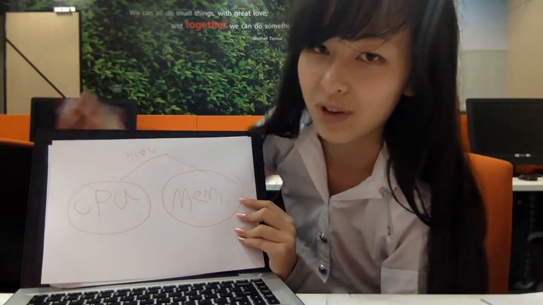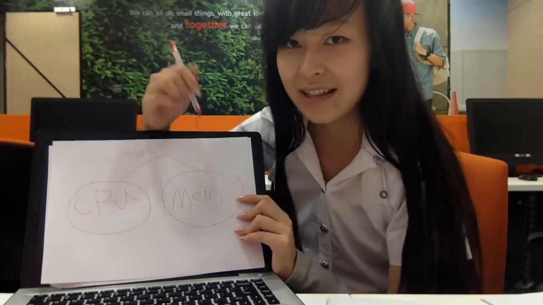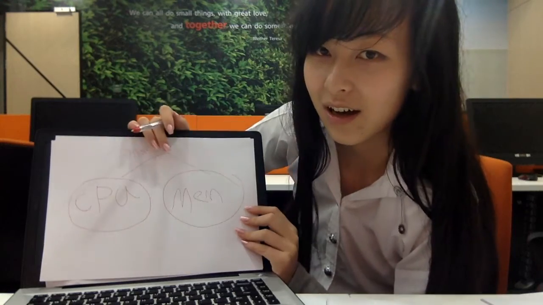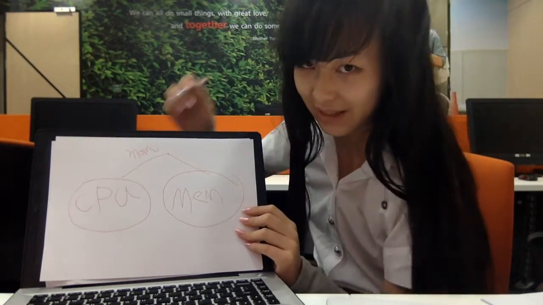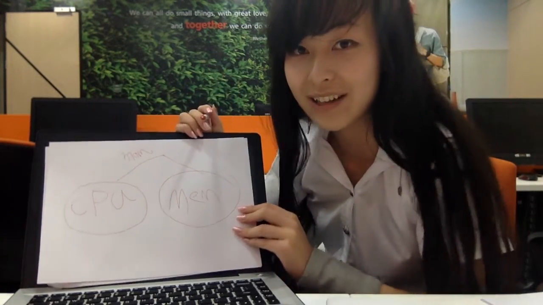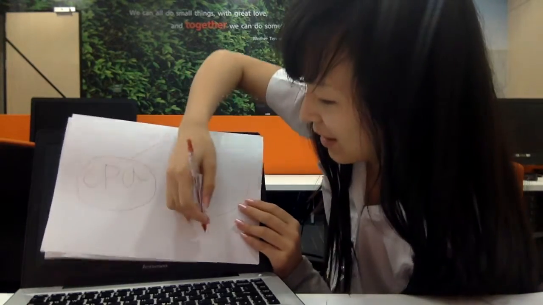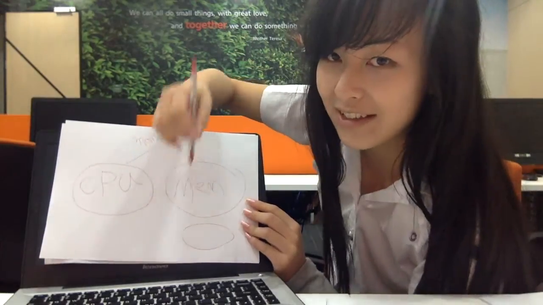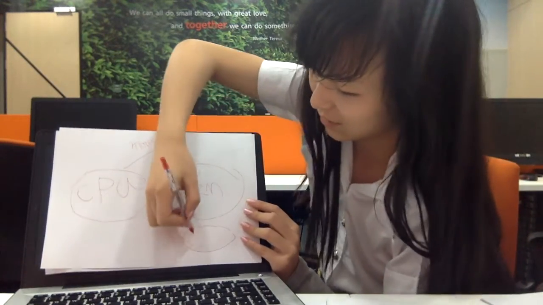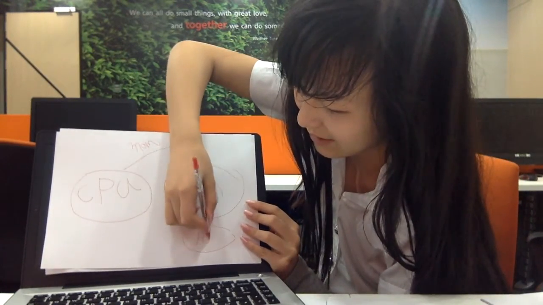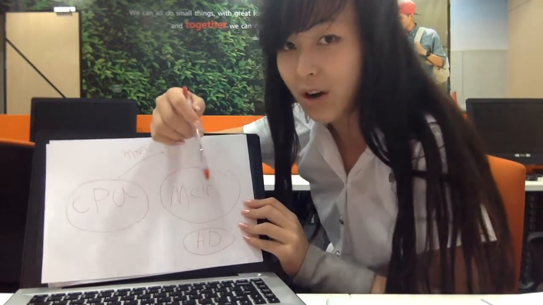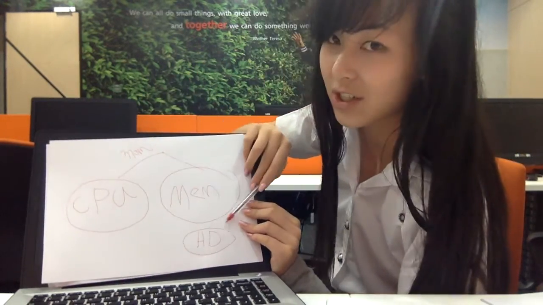Except the main board, we will have another piece. It's not the main board, but it's also in von Neumann architecture. I will write here. What's this? It's the hard disk, HD. In our common life, we always use the HD.